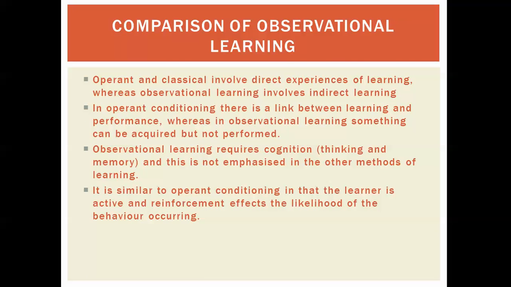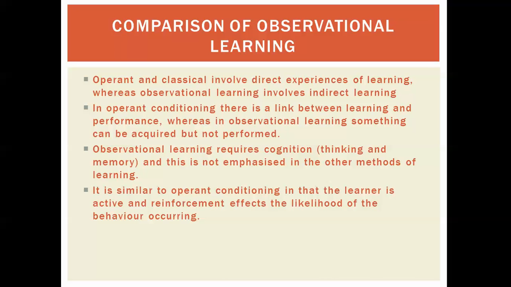Now, observational learning is a bit different to the other types in that it doesn't involve direct learning experiences like operant and classical conditioning do. So it's often what we call indirect learning. In operant conditioning, there's a link between the learning and performance.